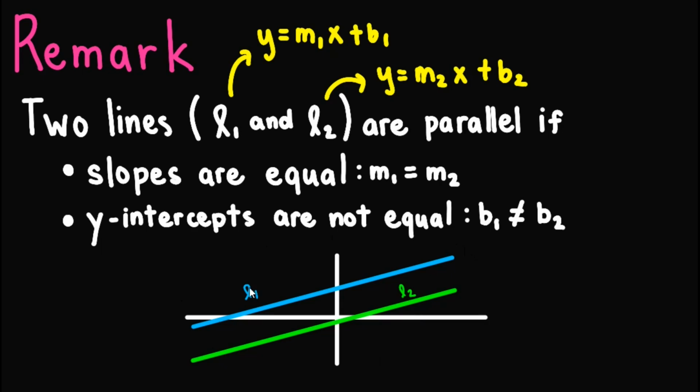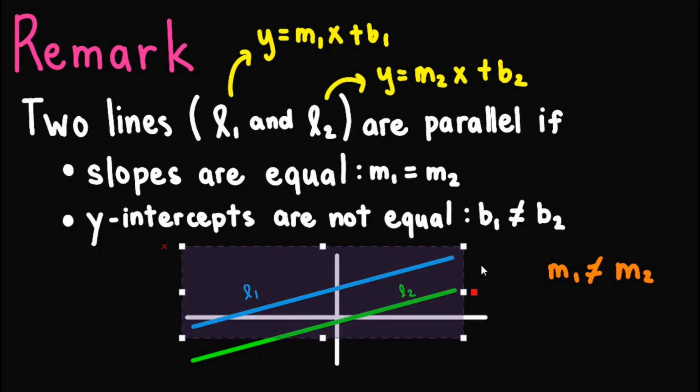Let's use this graphical representation to demonstrate it. First, suppose that m sub 1 is not equal to m sub 2. This means that the inclination or the steepness of one of the lines is different from the other one.